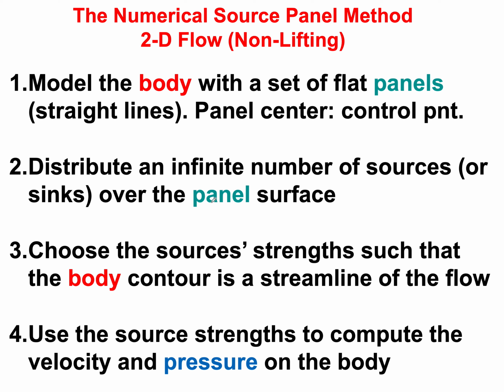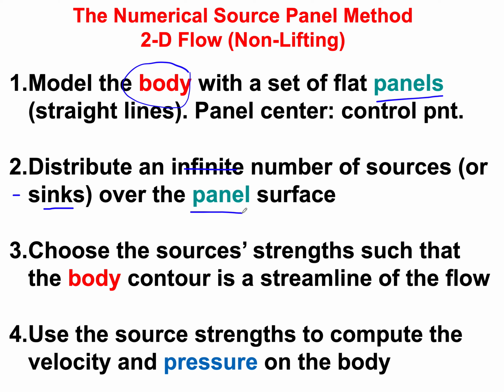You start, let's say you have the geometry of the body, that's what you start with. You break it into panels, these little pieces, and then you distribute. You don't have to have an infinite number, but you distribute a number of sources. By a source and a sink we mean the same thing, but the sink has a minus sign, over the panels.